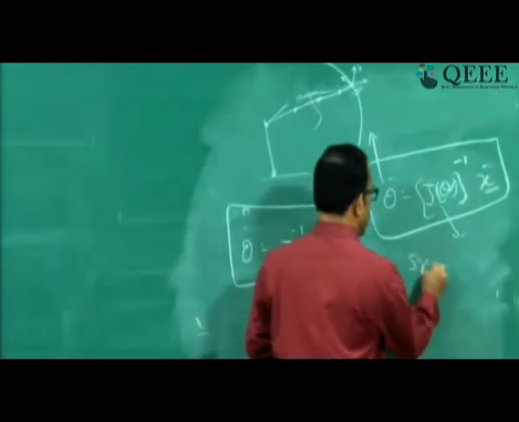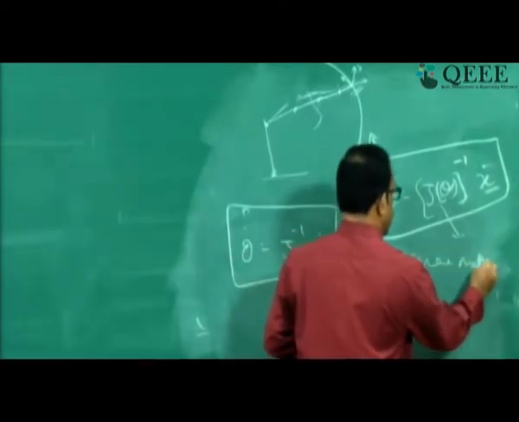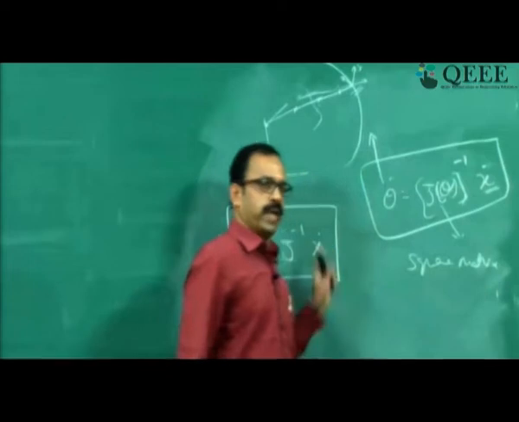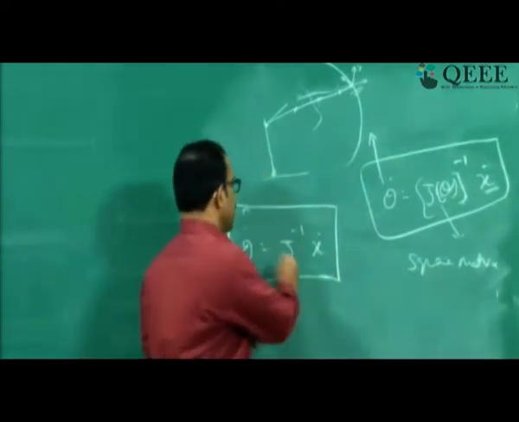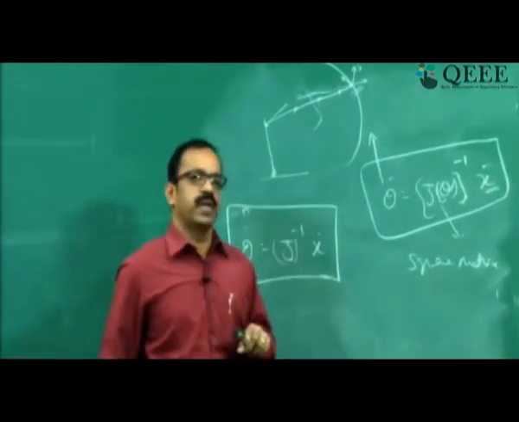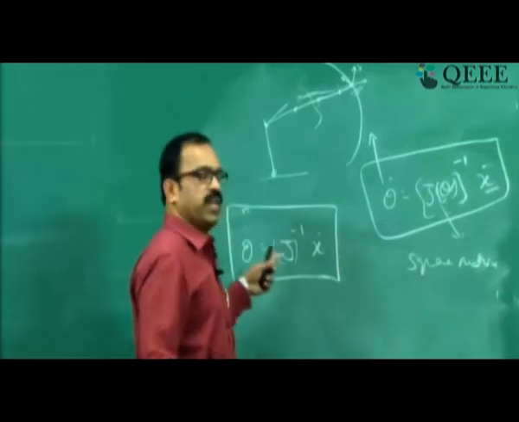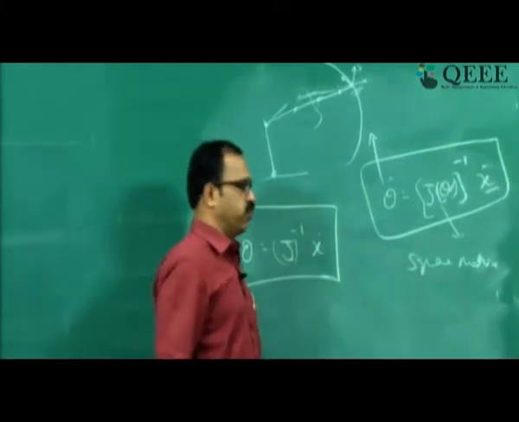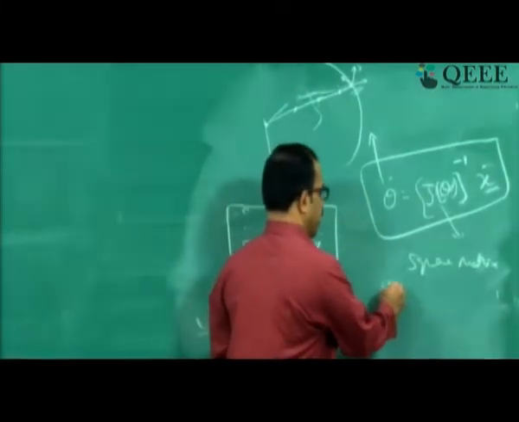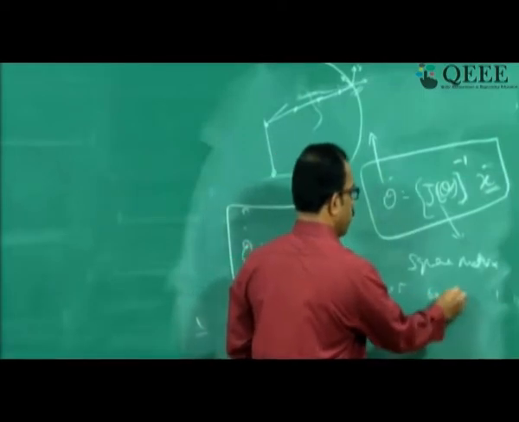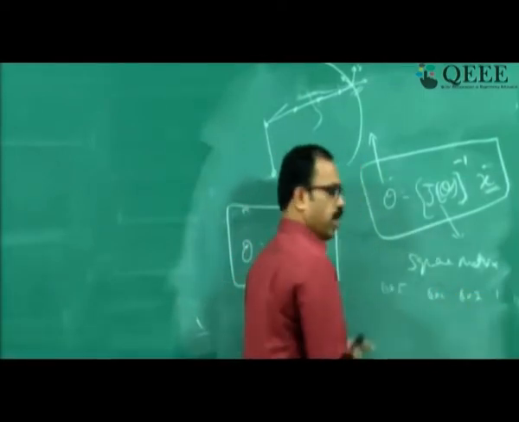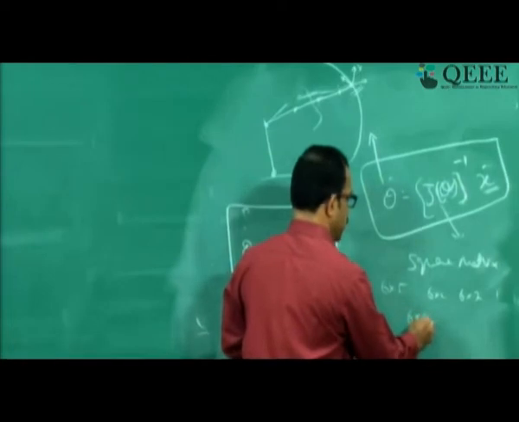So you need a square matrix to get the inverse, and J need not be a square matrix, because J can be of any size depending on the number of degrees of freedom. It can be 6 by 5, or 6 by 4, or 6 by 7. Only in some cases it will be 6 by 6.